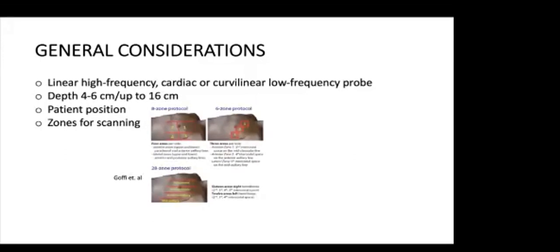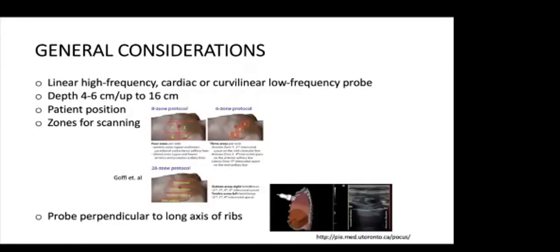There are different protocols regarding how many windows should be assessed, varying from 6 to 28 zones. The decision of which probe, position, or zone approach to use is guided by what the scanner wants to assess. Regardless, the probe must be positioned perpendicular to the long axis of the ribs.